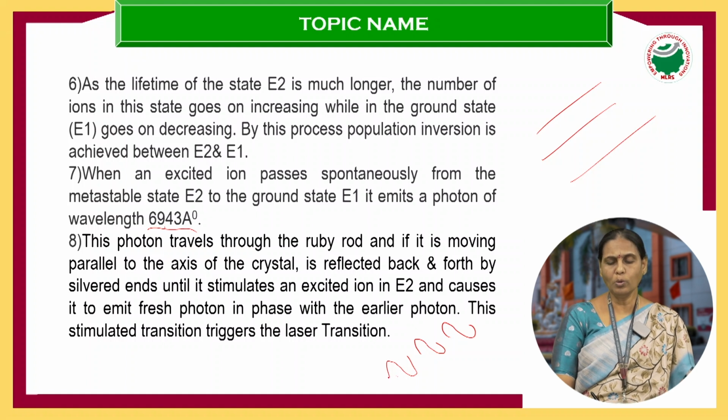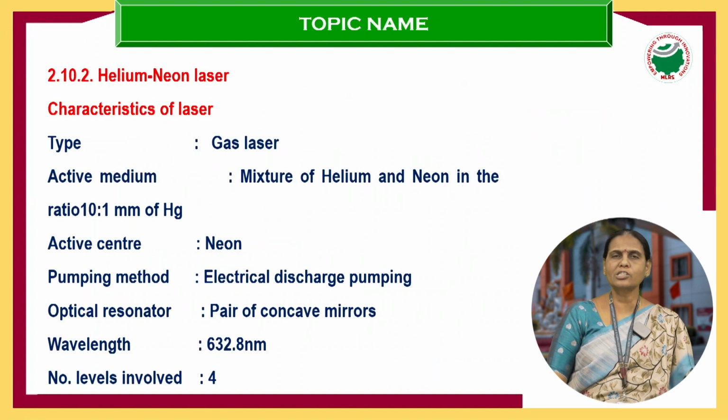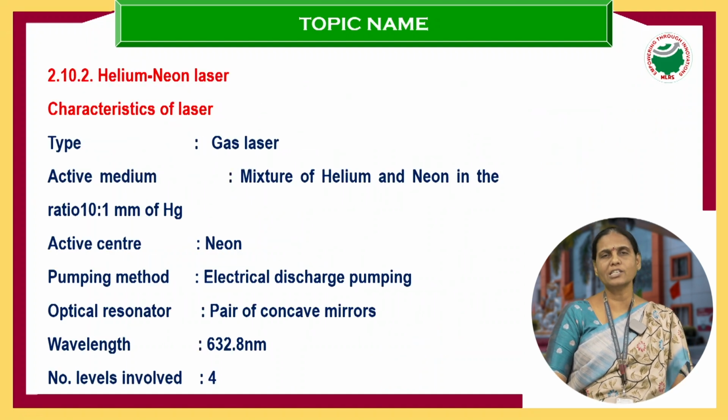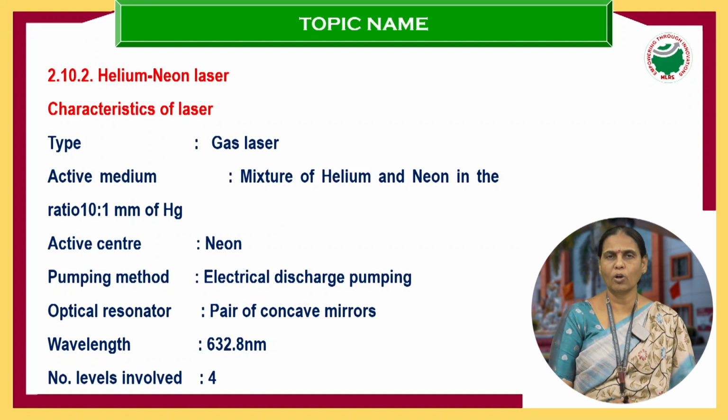That's why the output produced is also not continuous. This is one of the major disadvantages of a ruby laser. Now, in order to produce a continuous output, we have the next type of laser, which is a gaseous laser, that is the helium neon laser.